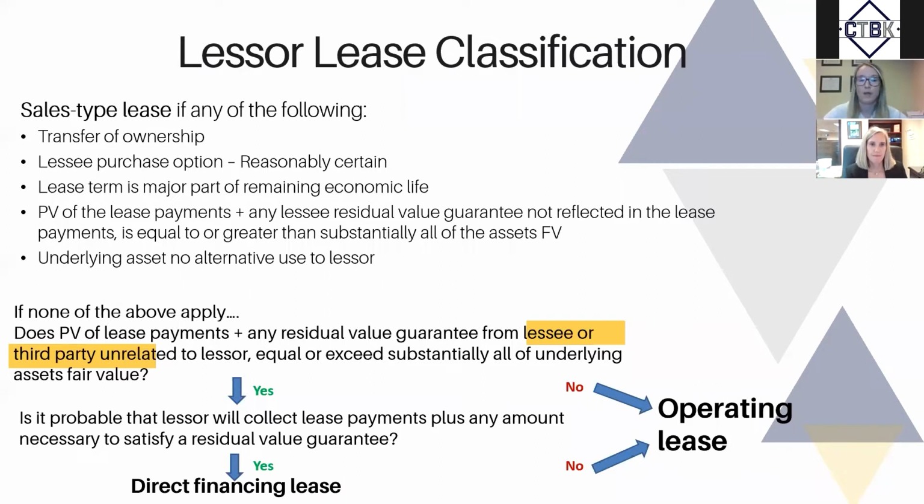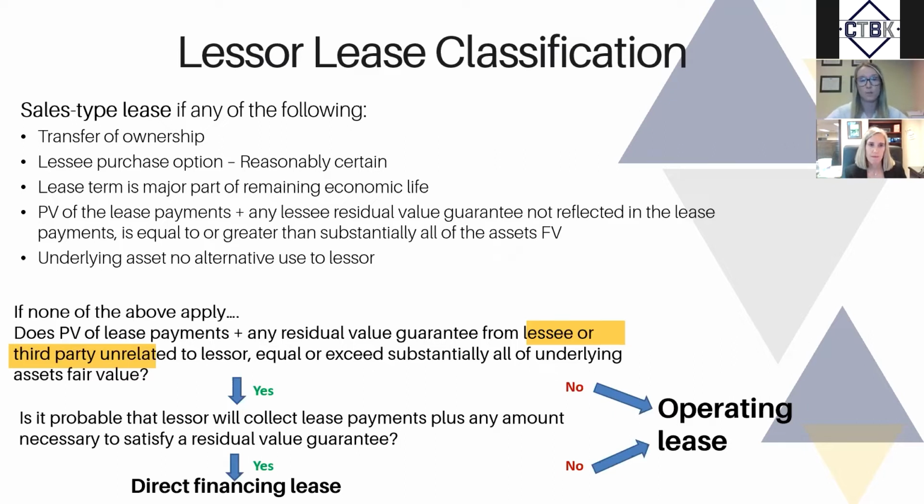That would happen if any of these criteria at the top are met: transfer of ownership; if the lessee has a purchase option that is reasonably certain to be exercised; if the lease term is for the large part of the remaining economic life; if the present value of the lease payments plus any residual value guarantee is equal to or greater than substantially all of the asset's fair value; and finally, if the underlying asset has no alternative use to the lessor. Any of these would be criteria that you would classify your lease as a sales type lease.